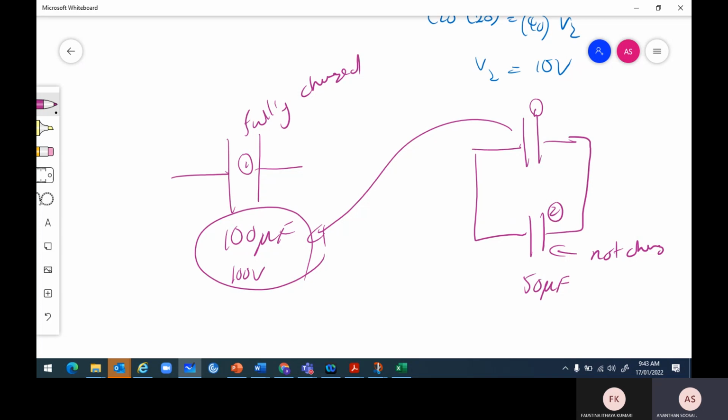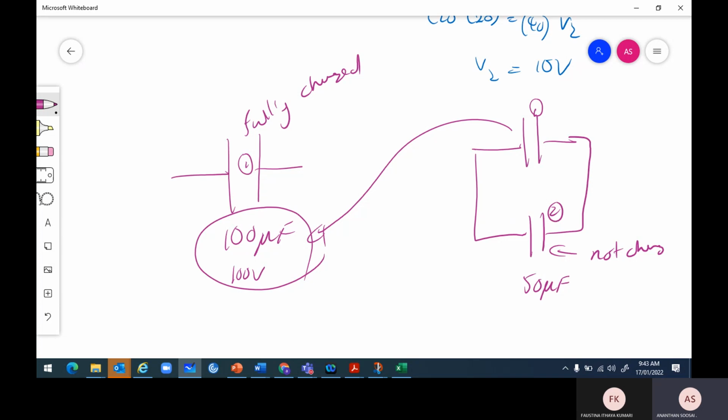The charge will continuously flow until what becomes the same for both of them? The voltage becomes the same.